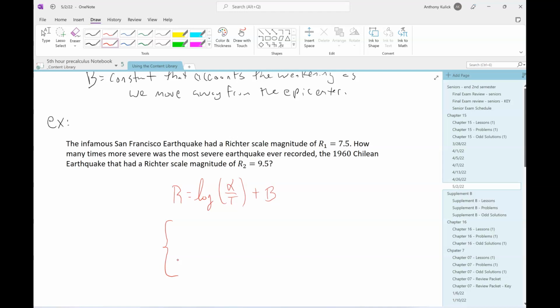You have to make some kind of assumption here because we don't have the measurements for all of these in the question. All we're getting is the Richter scale measurement. So the alpha is really our benchmark for intensity. That's what we're going to be interested in. So we're going to have to assume that the T and the B are kind of the same.